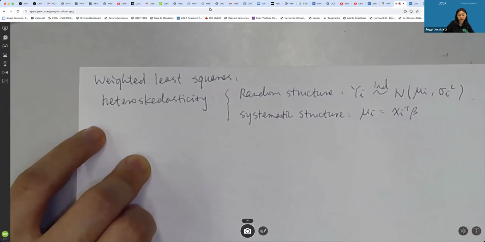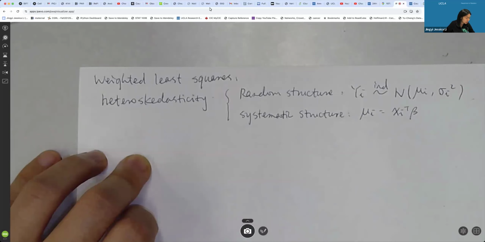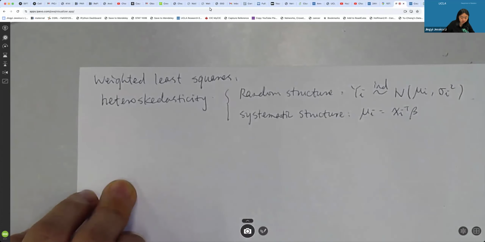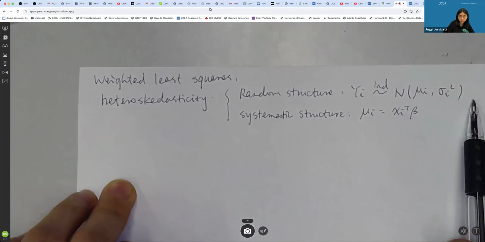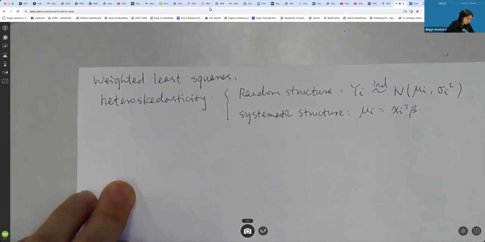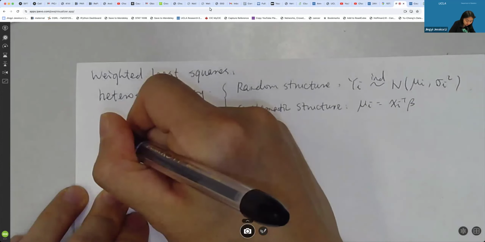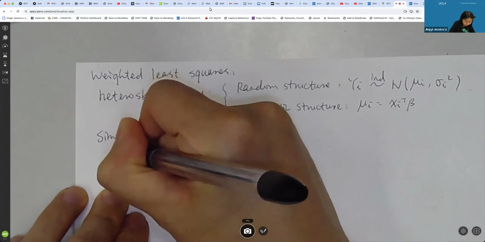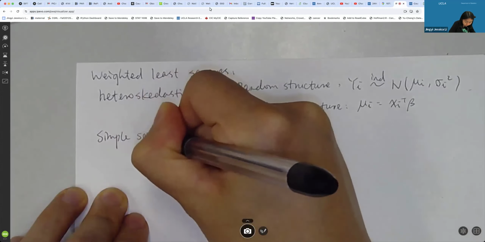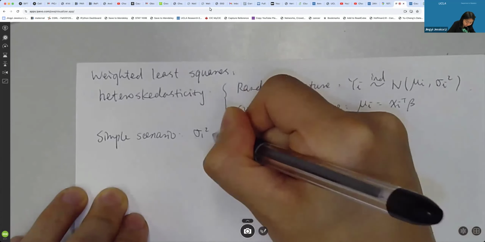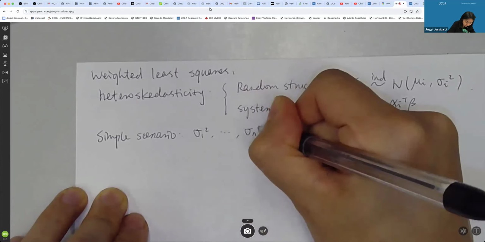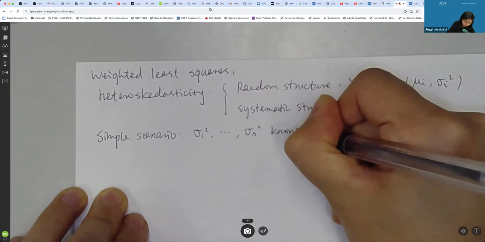Same as before. And we just consider the very simple scenario where sigma 1 squared to sigma n squared are known.